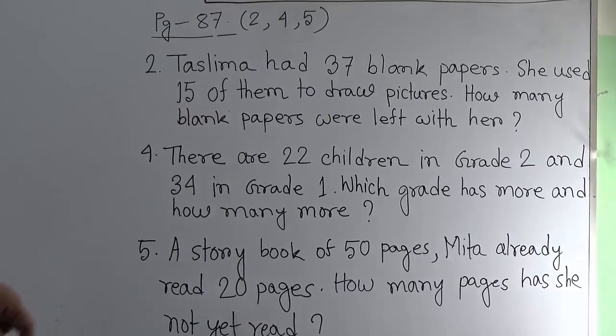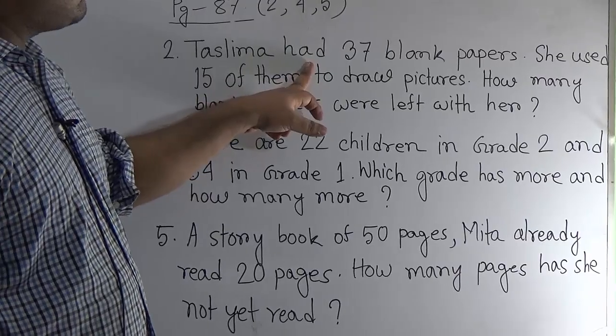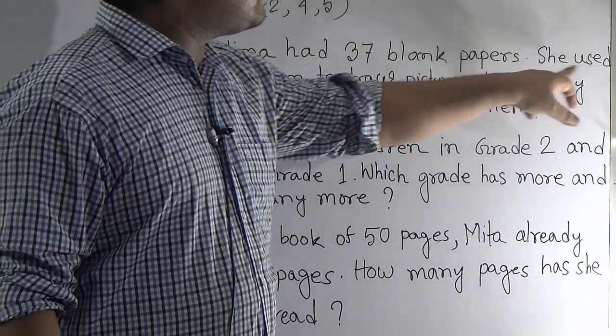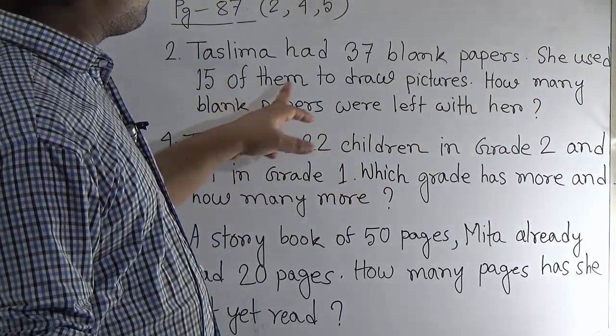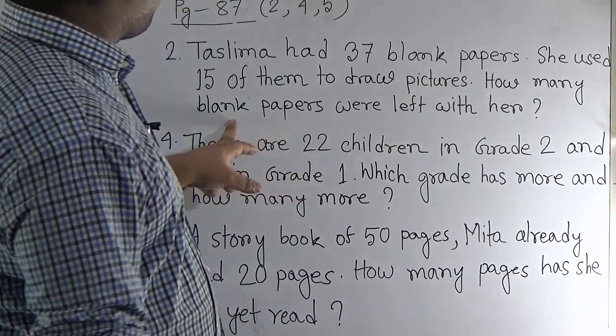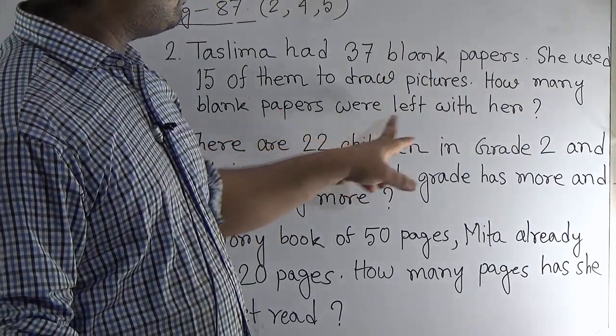Here the question is: Taslima had 37 blank papers. She used 15 of them to draw pictures. How many blank papers were left with her?